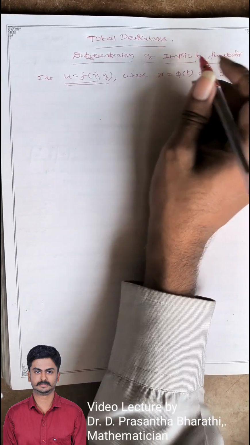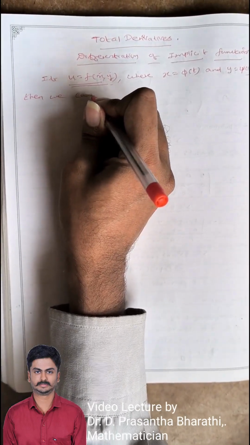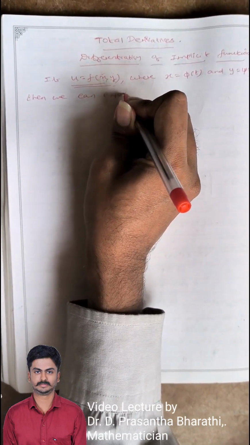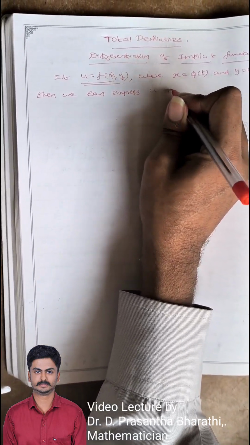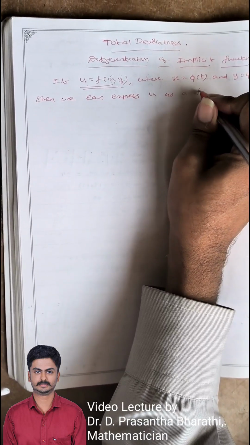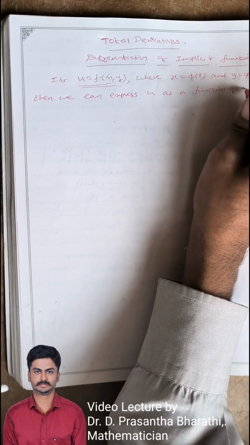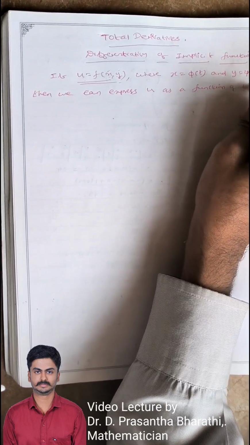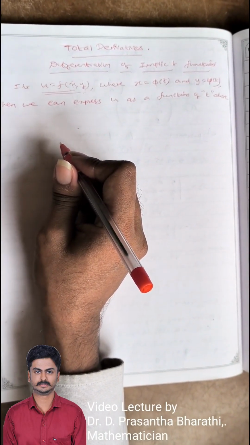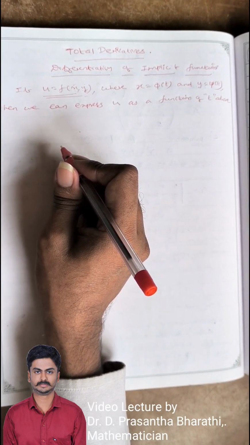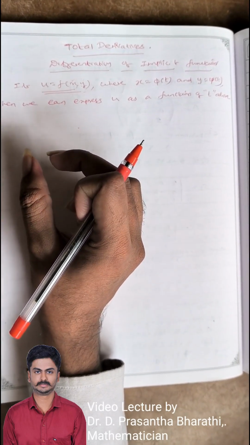Then we can express u as a function of t alone. Okay, so this is the important definition for total derivative.